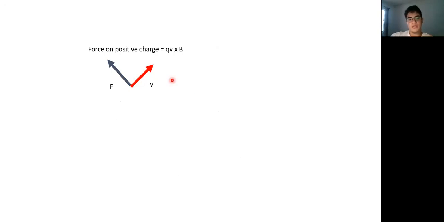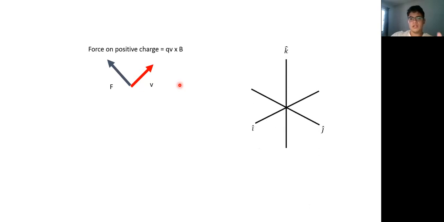So we know that the force on a positive charge, if the charge we were given was positive, will be pointing in the opposite direction, and we still have the direction of the velocity. So using a three-dimensional coordinate system, and we plot these, this is the velocity and this is the force on a positive charge.